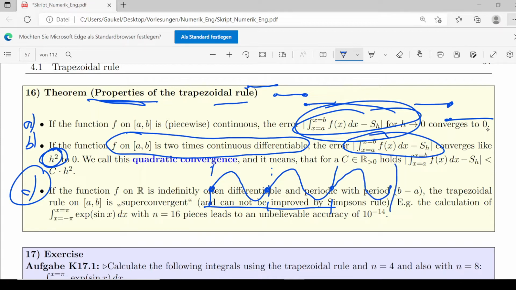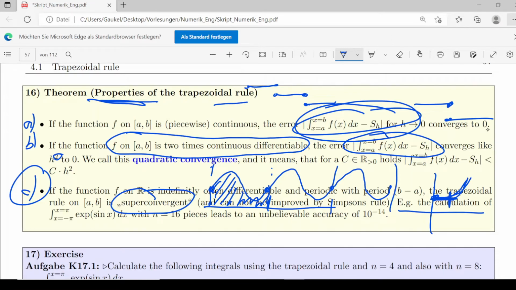If it's of that type and our integration interval is 1 period, then the trapezoidal rule is super convergent, and that means that instead of a 2 you can use a 3, a 4, a 5, a 6, and it's always true that convergence is at least h to the power of 6 or 8 or 10, and that's unbelievable. That means that we are ultra flat here, and it's not necessary to have a very small h. Small h's are enough to get very, very good approximations.